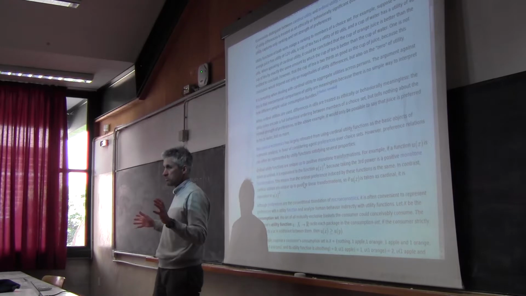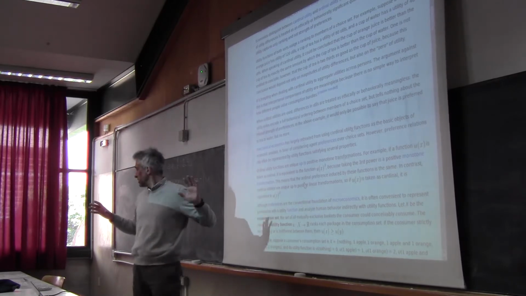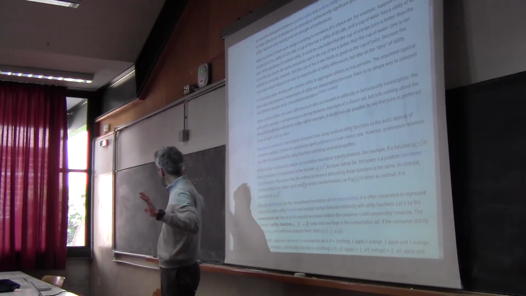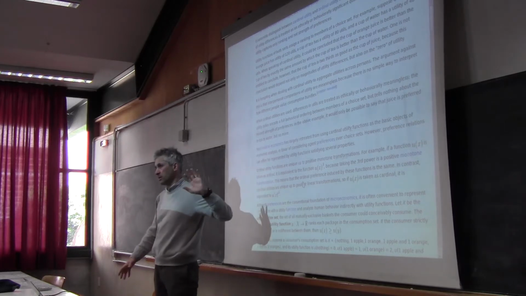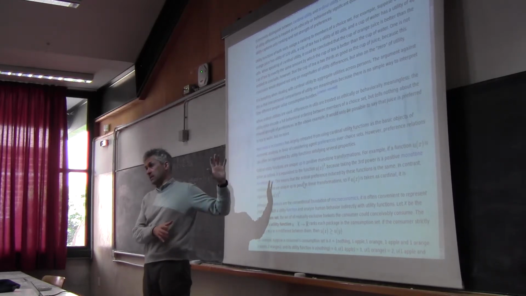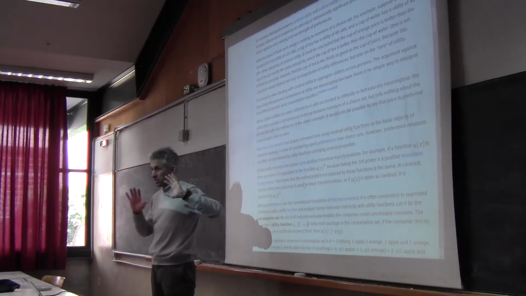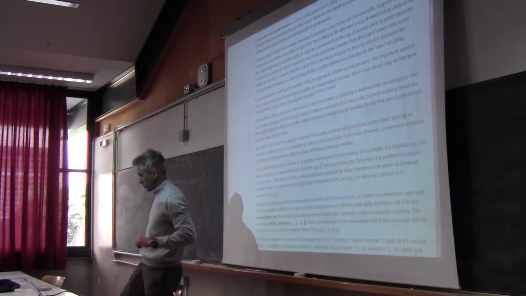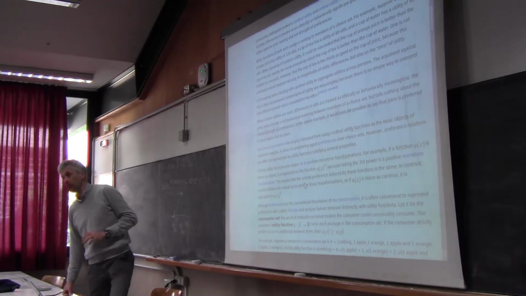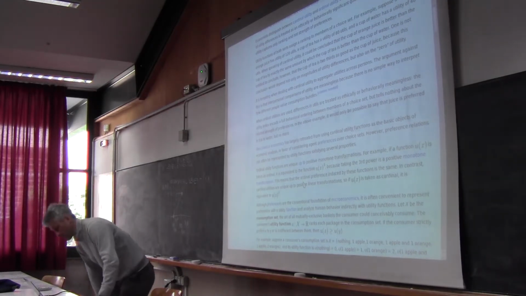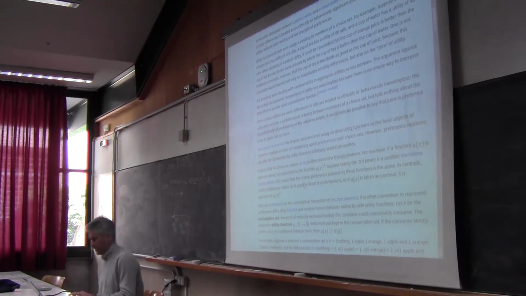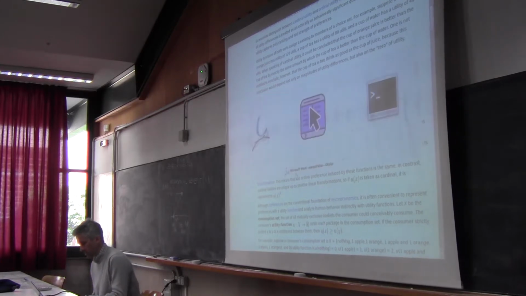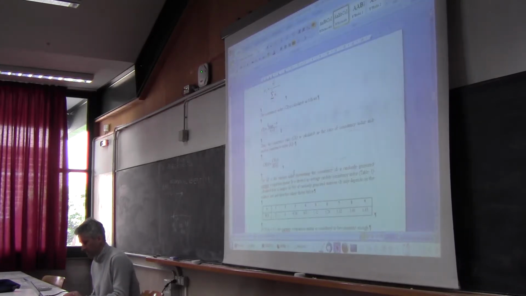For now, let's assume that these utility functions with respect to this exercise are defined with certainty, okay? And these utility functions are defined with certainty according to the tables that are given by the text here.